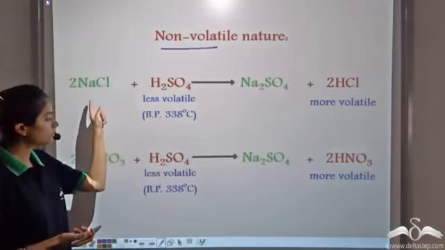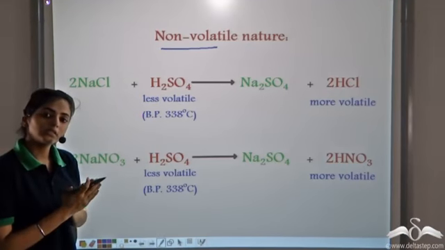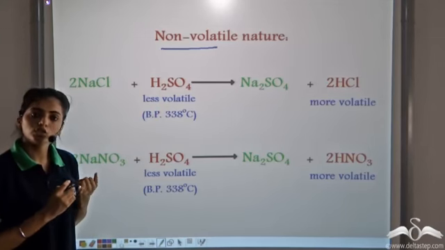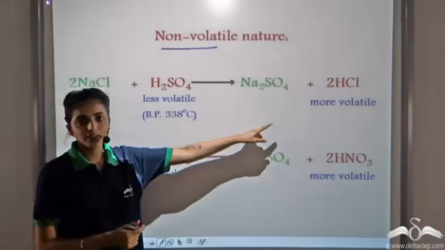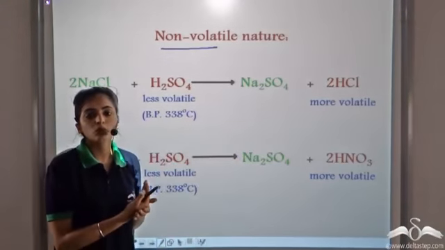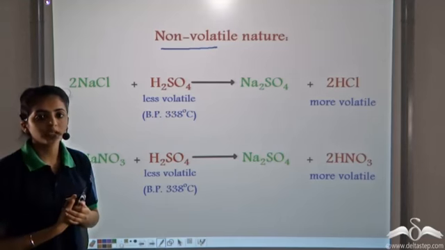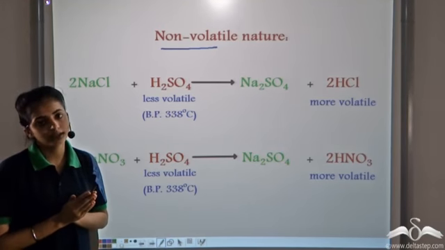So when a salt reacts with an acid, it forms another salt and another acid. In this case, H2SO4 is less volatile or non-volatile. And that leads to the formation of another acid, that is HCl, which is more volatile. It can easily change into the vapor form. So concentrated sulfuric acid has a property that it is non-volatile in nature.